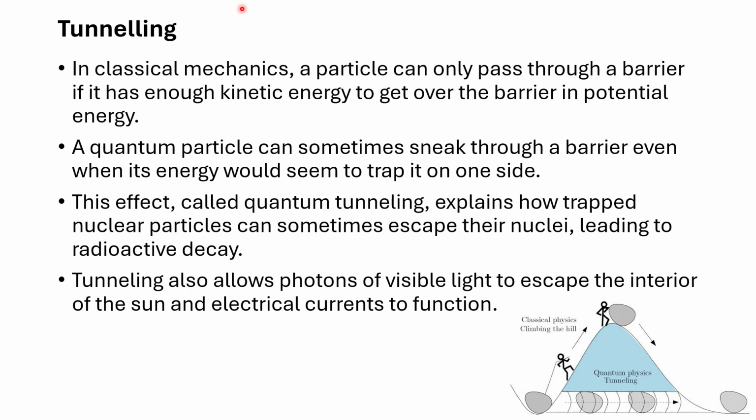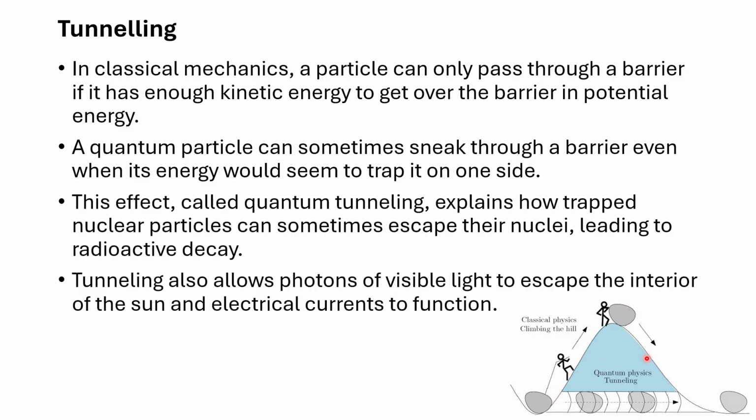So in classical mechanics, a particle can only pass through the barrier if it has enough kinetic energy to get through the barrier in the potential energy. A quantum particle can sometimes sneak through the barrier.